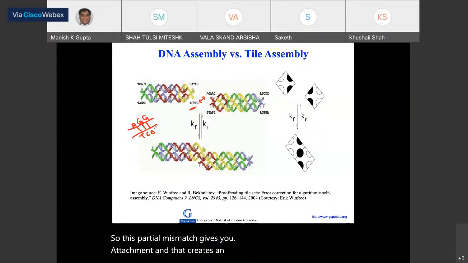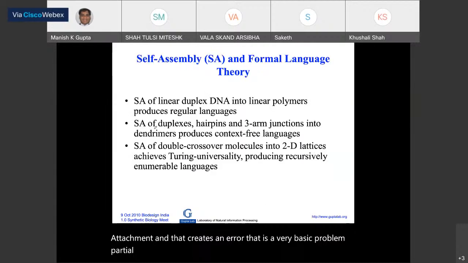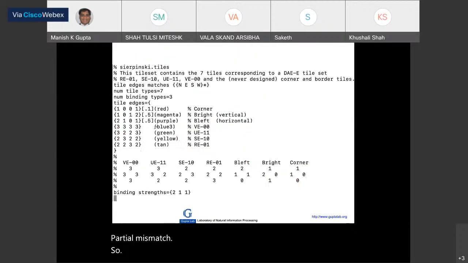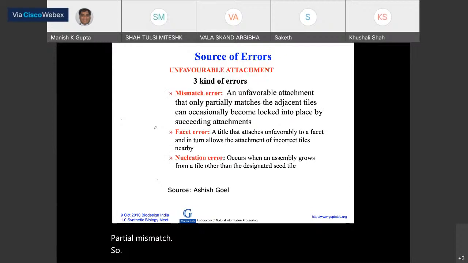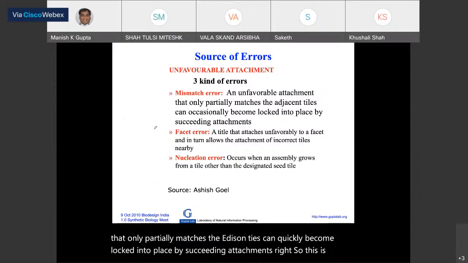That's a very basic problem, partial mismatch. Okay. So mismatch error: an unfavorable attachment that only partially matches the adjacent tiles can occasionally become locked into place by succeeding attachments, right? So this is something very important problem.